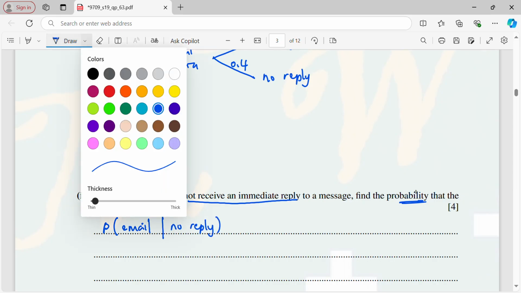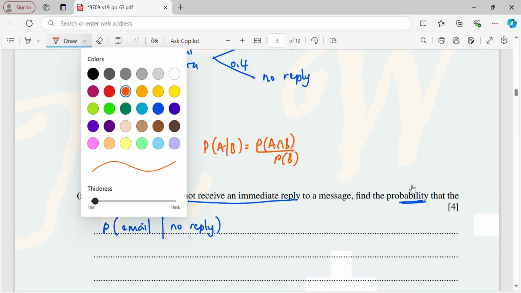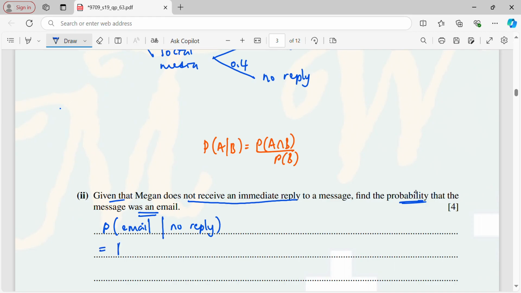So this is the conditional probability. For conditional probability, the formula is basically P of A intersect B over P of B, because the condition is B. That means now here I will be getting P email intersect no reply over P no reply.